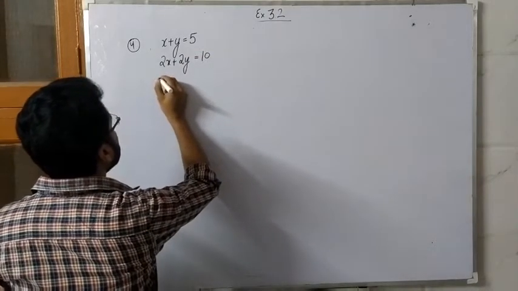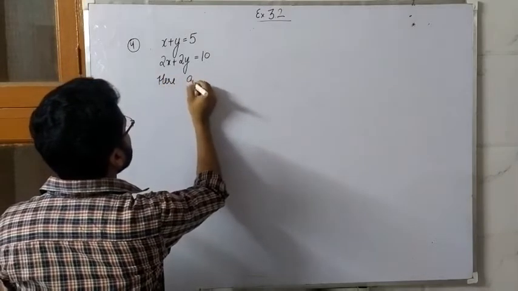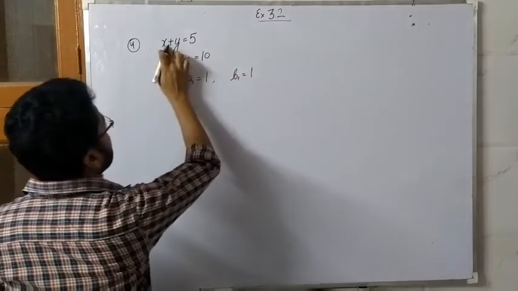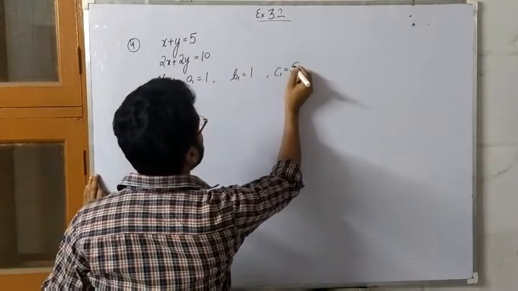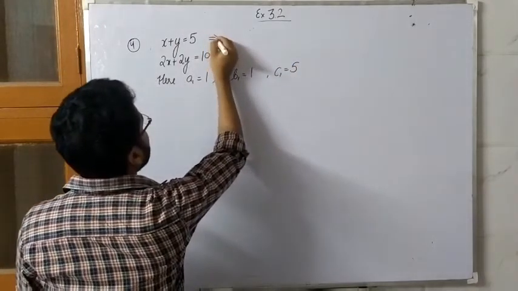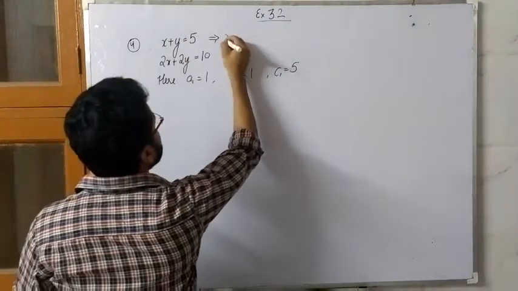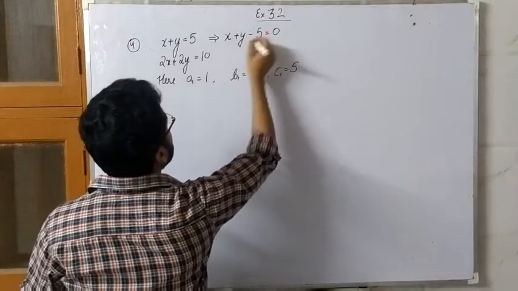Now here we can say a1 is 1, b1 is 1, right? The coefficient of x is 1, the coefficient of y is 1, and c1 is 5. Again, what we have to do? We have to bring it in general form. We will shift 5 to that side. So x plus y minus 5 equals to 0.